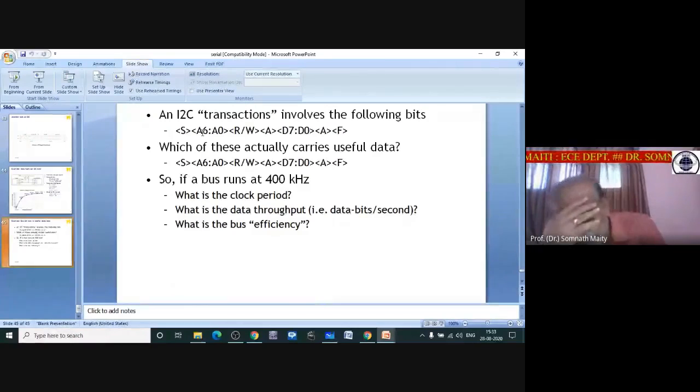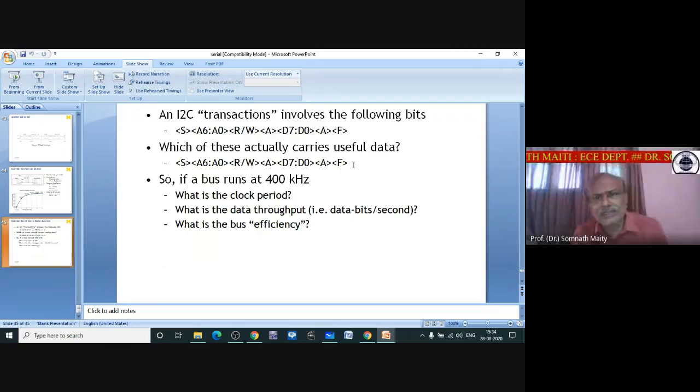So how many devices are there? 2 to the power 7 devices. Then the read/write bit, then acknowledgement received from the slave, then data. How many bits? D0 to D7, 8 bits, then acknowledgement, then stop.